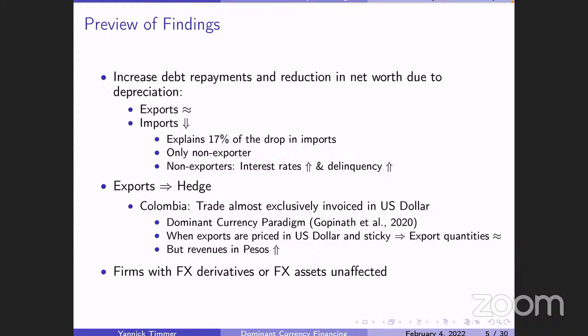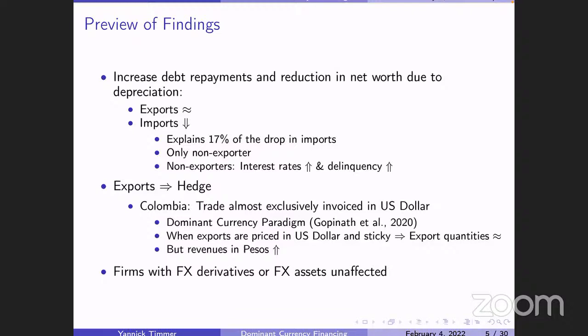One potential way to rationalize this finding is that Colombia has trade almost exclusively invoiced in US dollars. And when exports are priced in US dollars and prices are sticky, the export quantities are not responding, but the revenues in pesos are actually increasing.